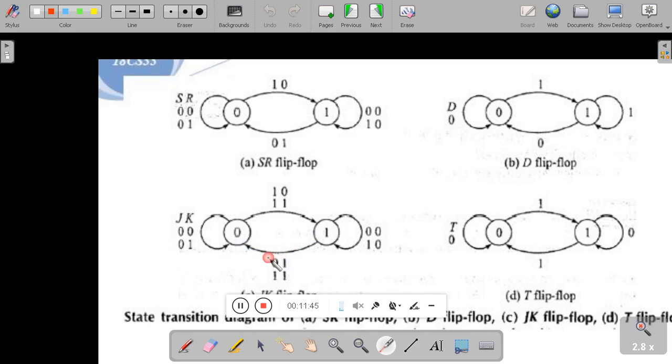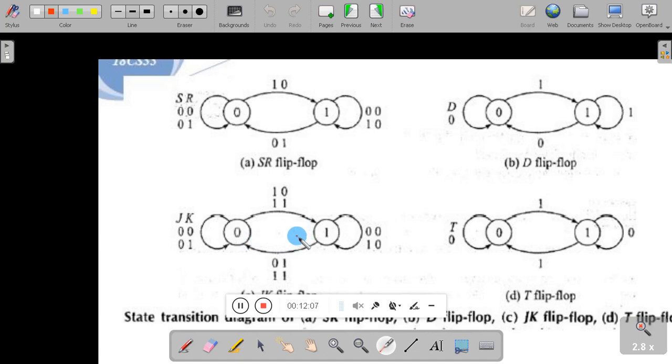If you give J 0, K 1, and if it is in state 1, then it will move to state 0. Or it will get a transition to state 0. If J is 1 and K is 1, it will move to state 0. So this is related to JK. Now we will see D flip-flop.